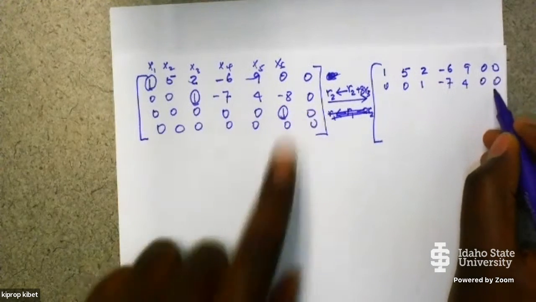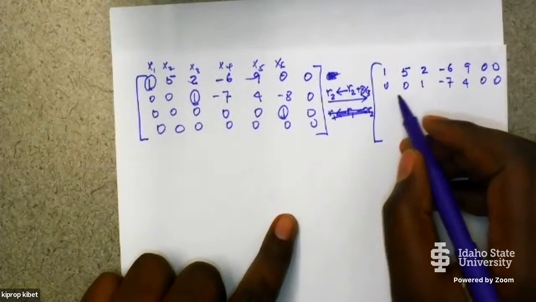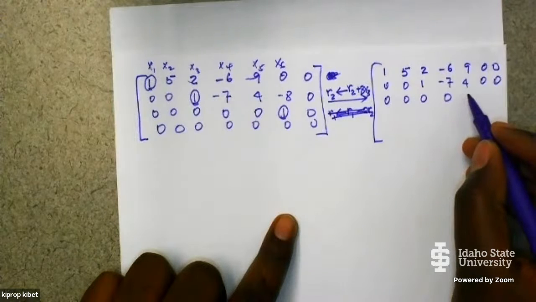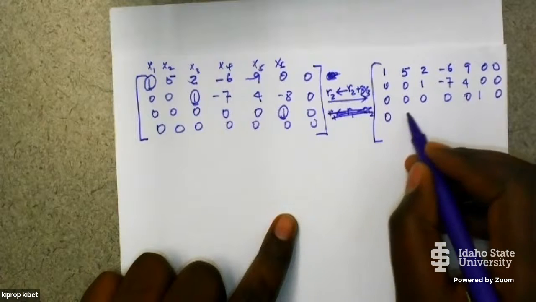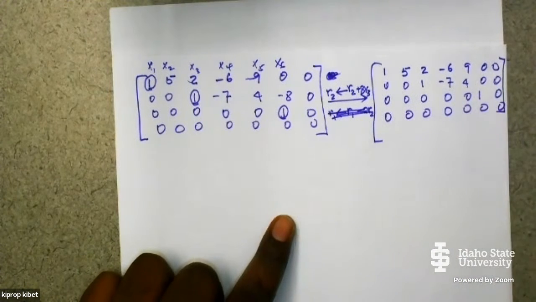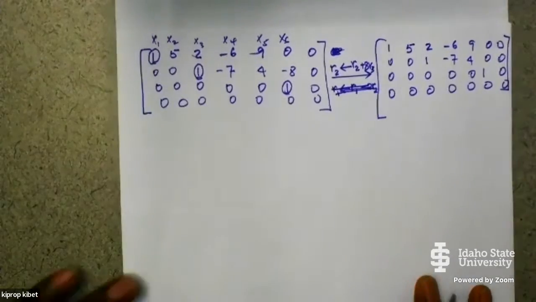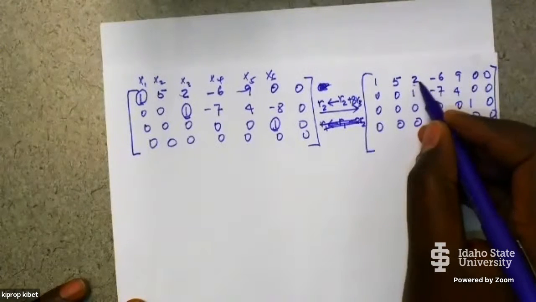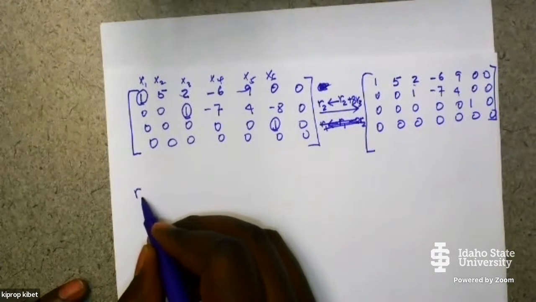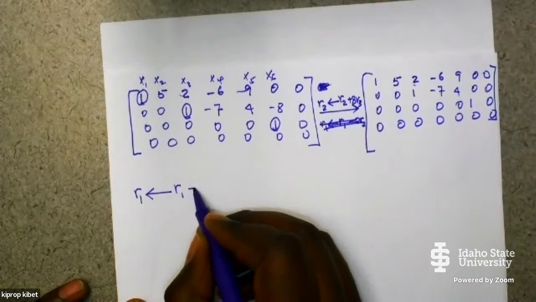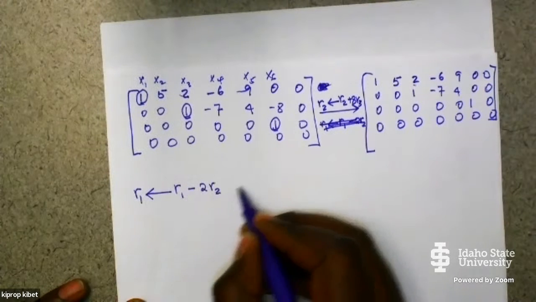And then of course this will be 0, and the remaining rows are all zeros, with a 1 and a 0 there. Now we want to make this one to be 0. So our R1 will now be R1 minus 2 R2.